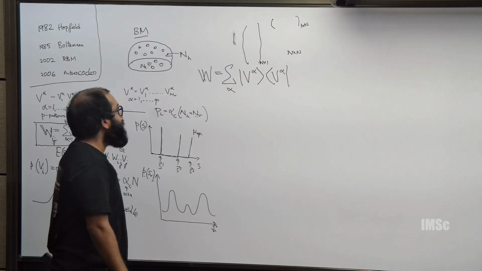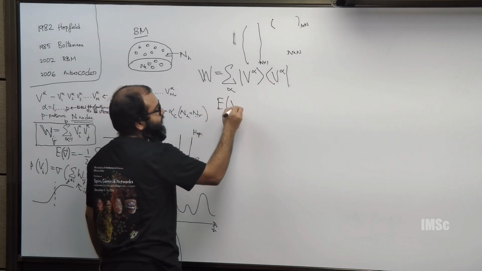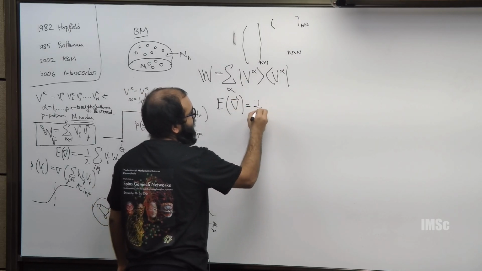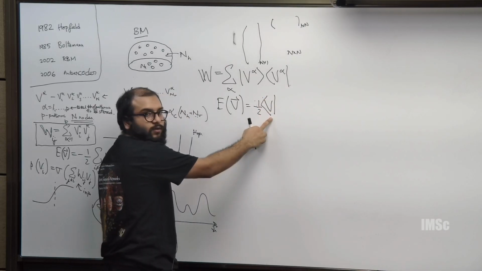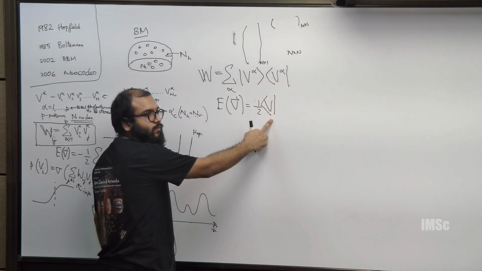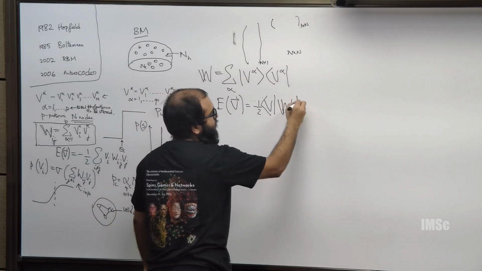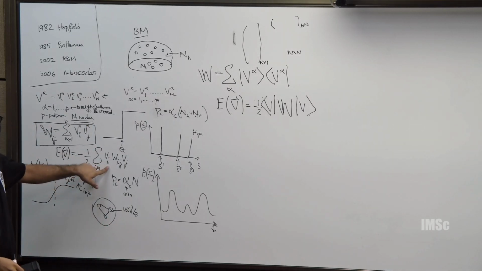Okay. So then what is the energy of a particular state V? It's given by minus half V, this is a row vector, right? W V, right? It's essentially the same thing. Over here I'm summing over the indices separately.